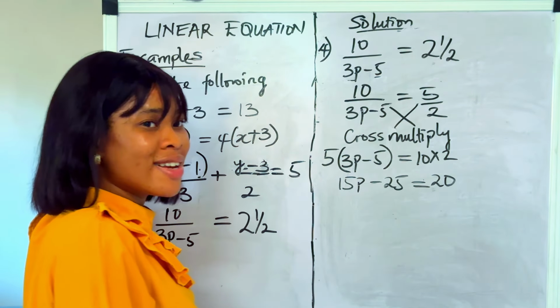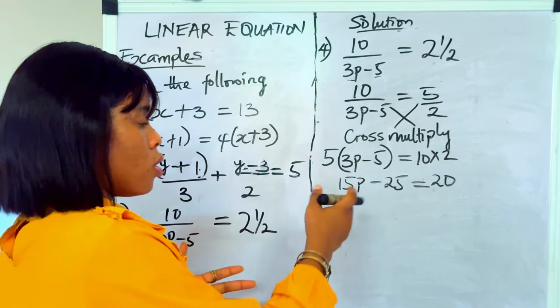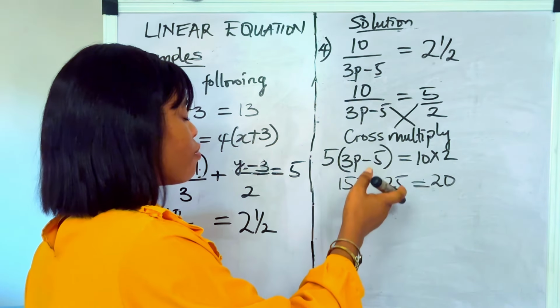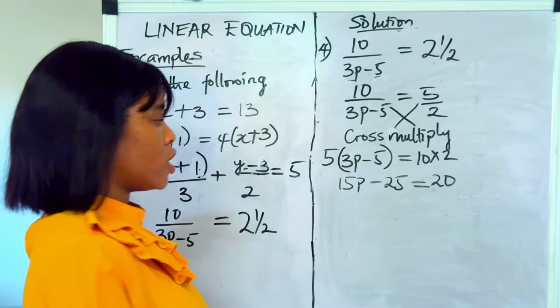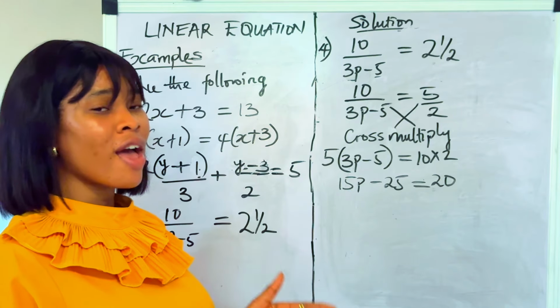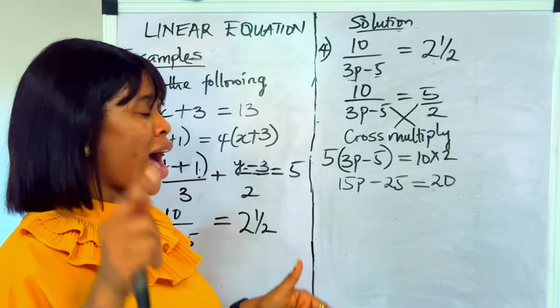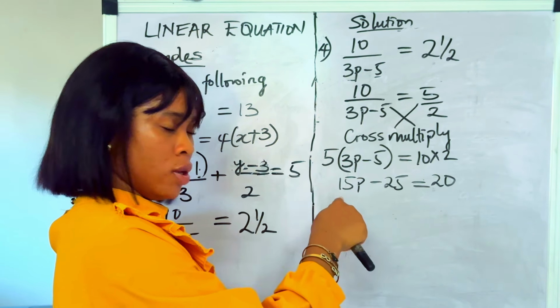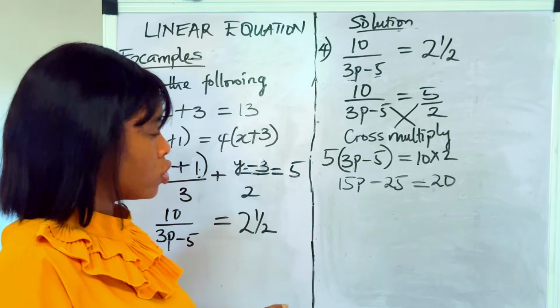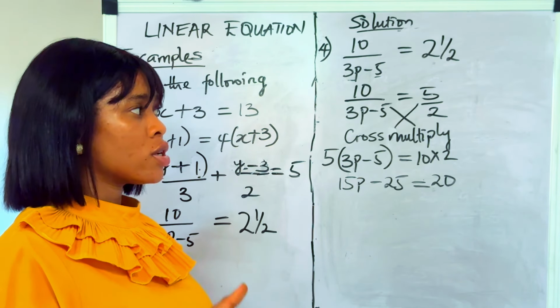Now we have a simple linear equation. What do we do from here? Collect like terms. We move minus 25 over to the other side, because remember, this is an equation, and whatever we do, we are trying to find the unknown, and the unknown here is p. So we have to do everything possible for p to stand alone.